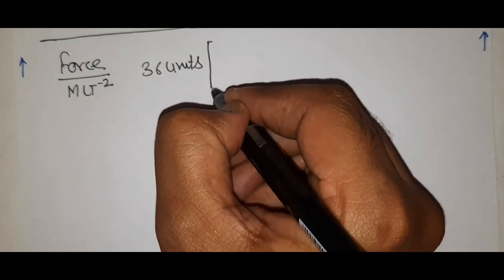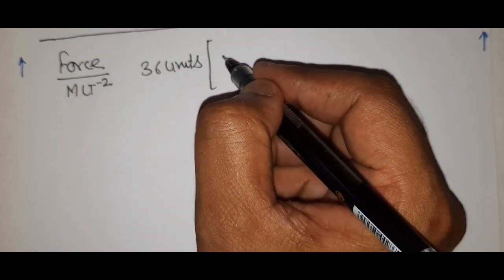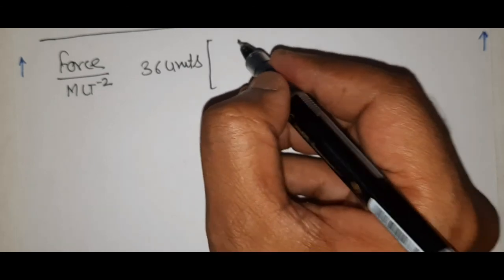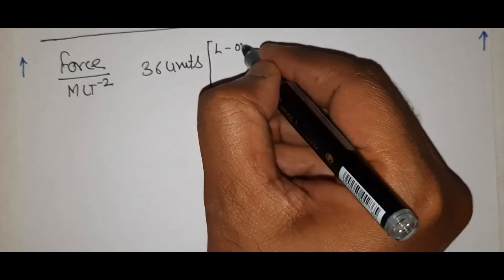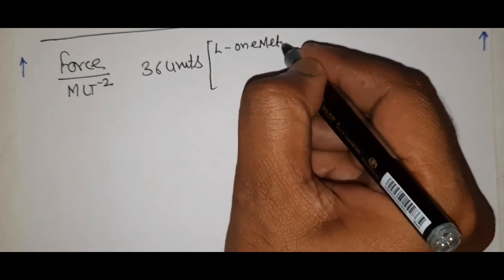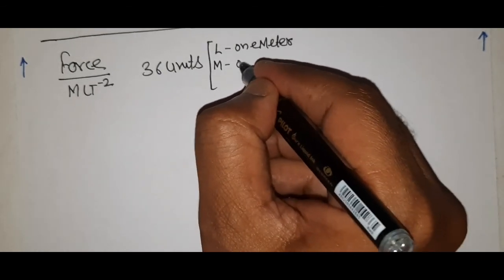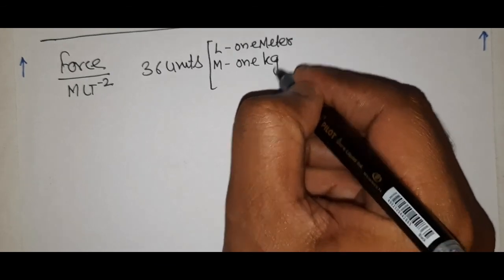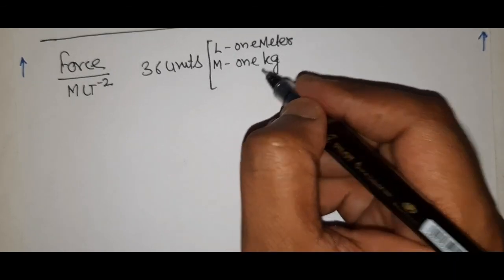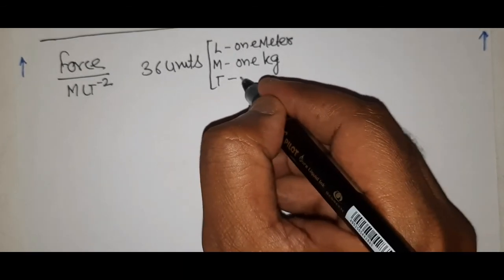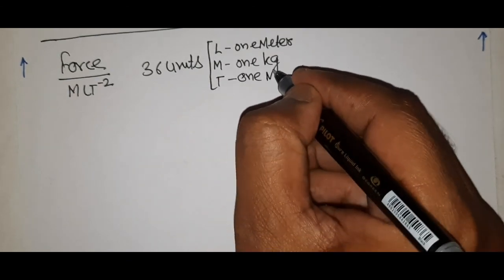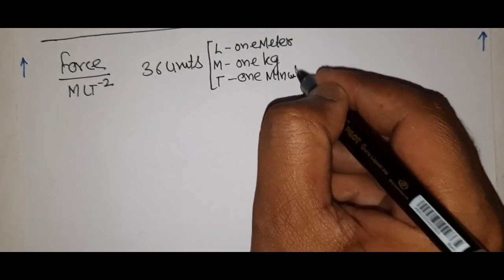In a system where length is measured as 1 meter, mass is measured as 1 kg, and time is measured as 1 minute.